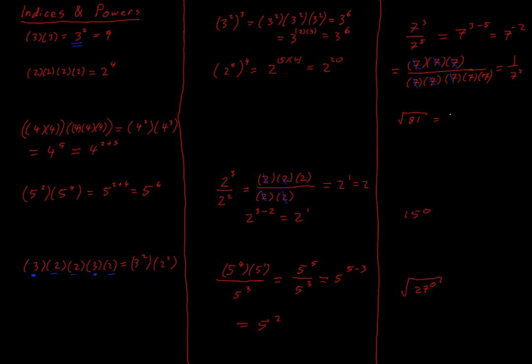In terms of powers, the way that we would write this is a power of a half, because it's the opposite of a power of 2, or the inverse of a power of 2, to use mathematical language for it. So I would say that the square root of 81 is, what number do I multiply by itself to get 81? And that's going to be 9.